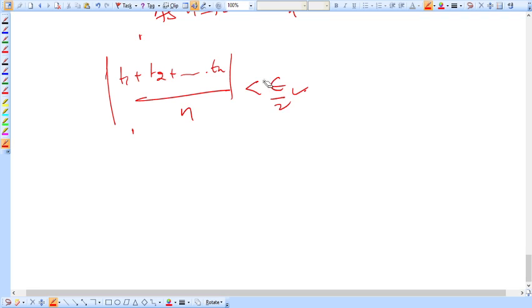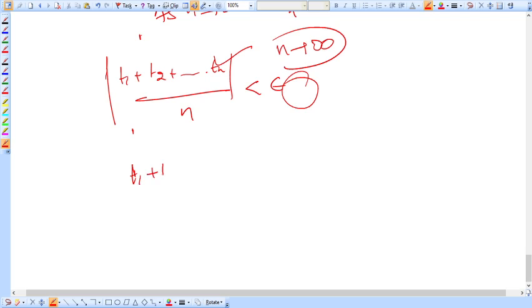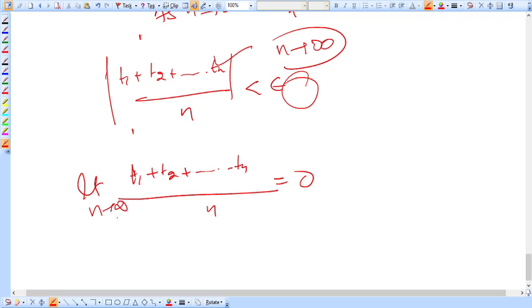Now at the start, where you wrote epsilon by 2, simply write epsilon there, so it would be less than epsilon. As n tends to infinity, this term is also, epsilon is arbitrary, it could be very small. If this is very small, this means t1 plus t2 up to so on divided by n, this limit is also 0.